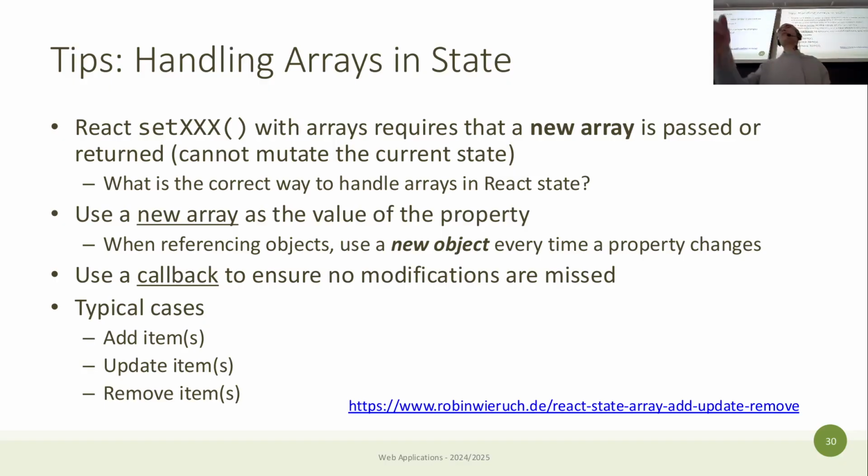That's very easy for primitive values, strings, booleans and numbers, okay? But with arrays, you need to be careful. An array is a reference, an object as well is a reference. So it means that if you have an array and you want to trigger the re-render of React, you need to create a new array, okay? Even if you change a single element in some places in the array, you need to create a new array.